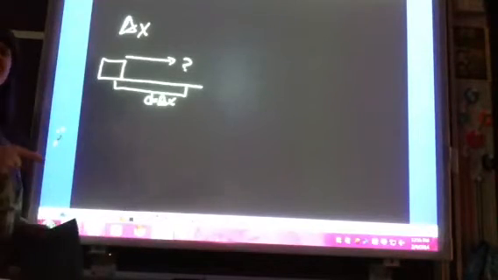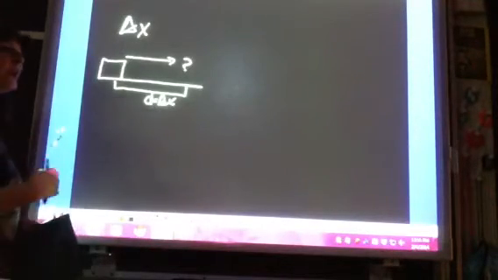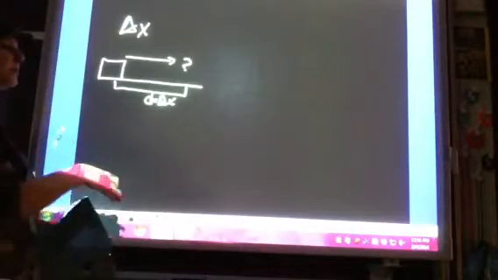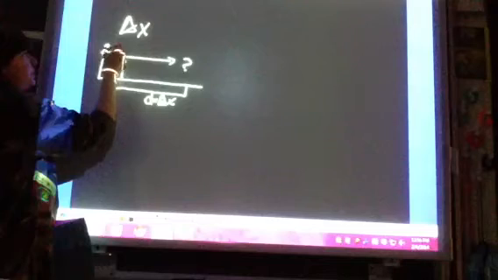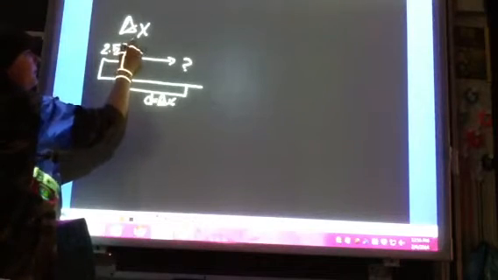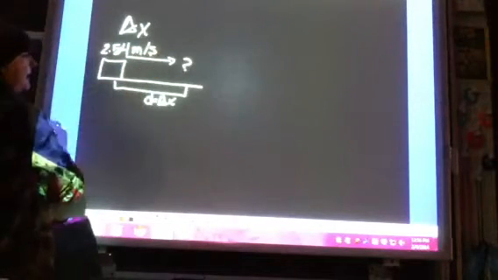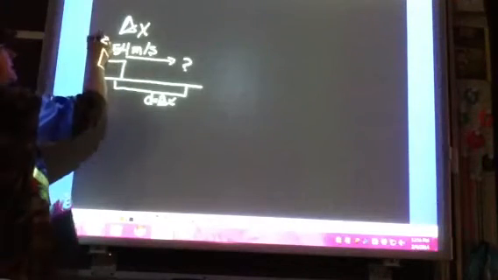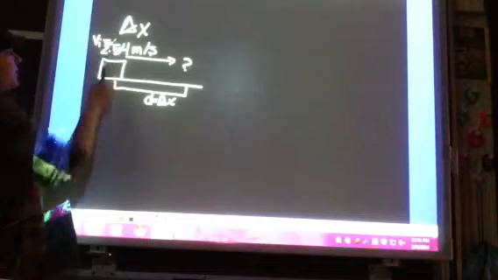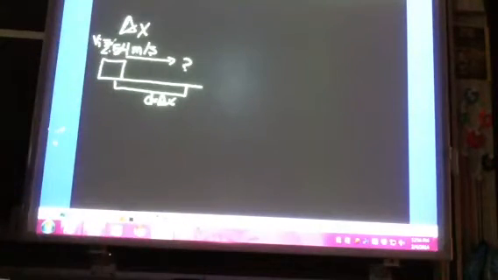We found in part A the speed of that crate as it hit the bottom of that ramp. So it's on the floor now, and that speed was 2.54 meters per second. So now looking at this problem, that's going to be the initial velocity here, starting off when the crate is on the floor as it's moving across that horizontal surface.